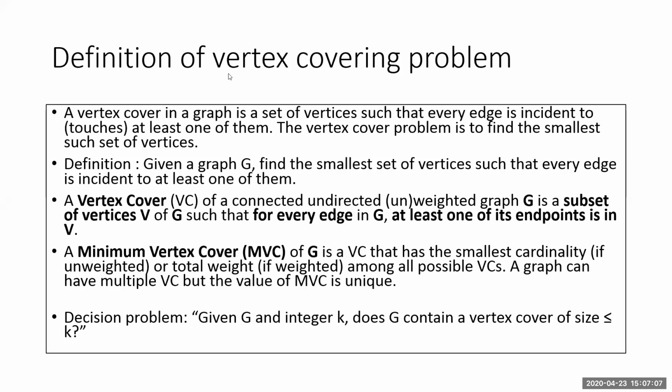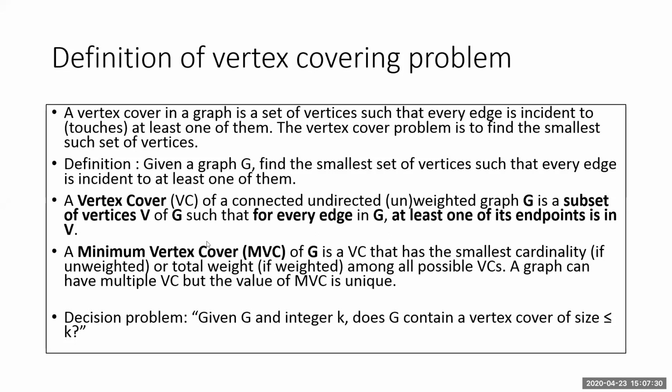A set of vertices can cover the entire graph. So how many such vertices can make a set such that it can cover the entire graph? That was the actual problem statement. And a slightly more refined problem statement is the minimum vertex cover.